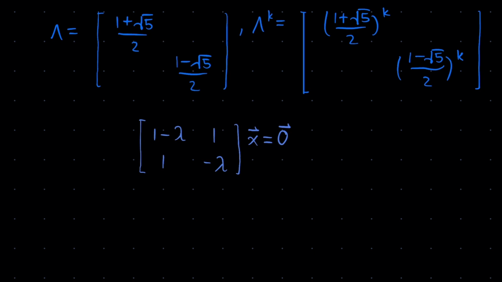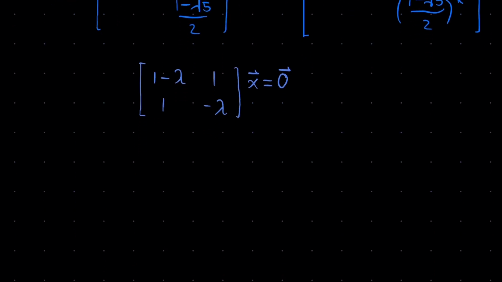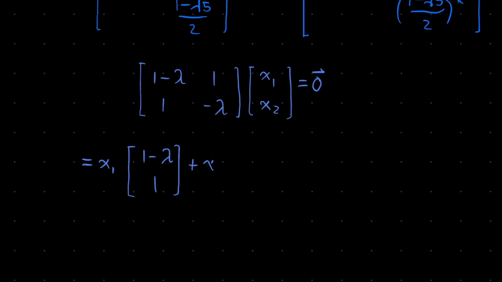Let's notice that we can write x as x1, x2 as its components, equal to the 0 vector. And this is simply equal to x1 times the first column of our matrix plus x2 times the second column of our matrix.